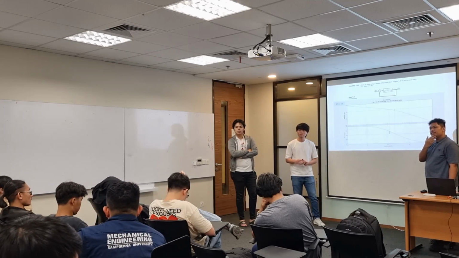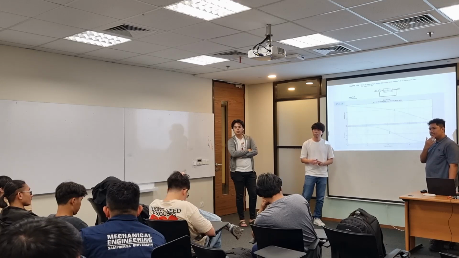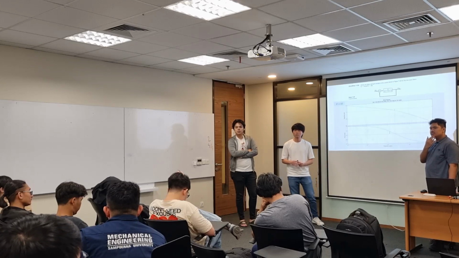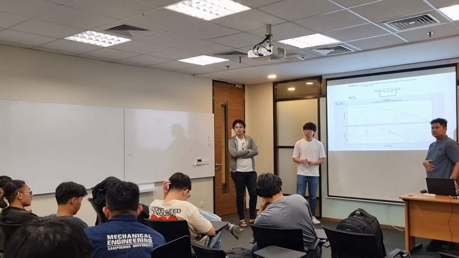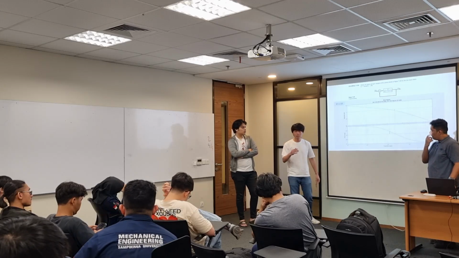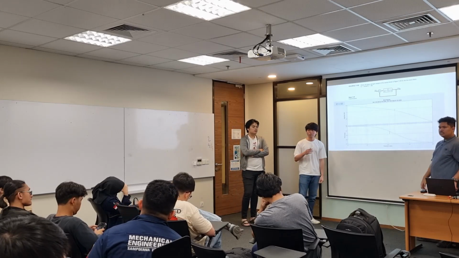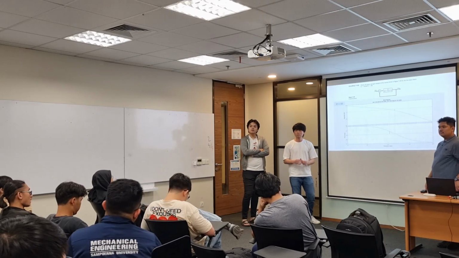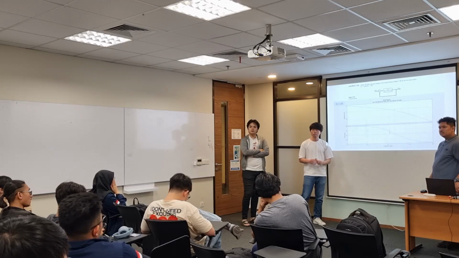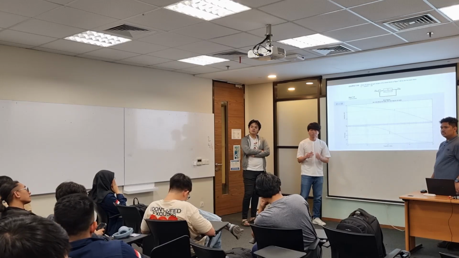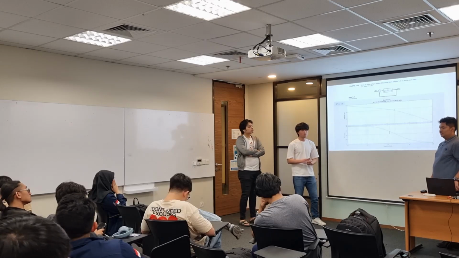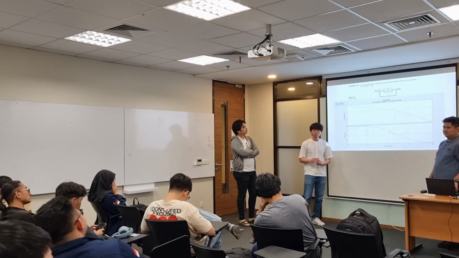So for stability, we just look at phase and gain, right? Yes, we only look at the phase and gain. They are both positive. If one of them is negative, then it is not stable.